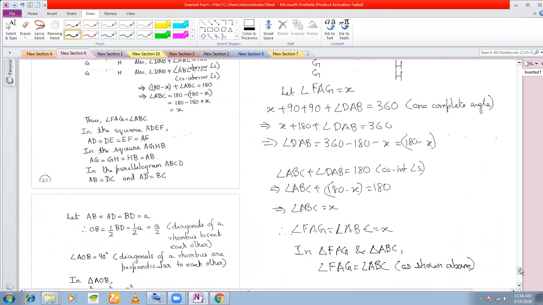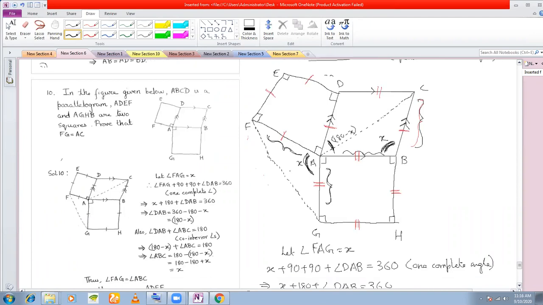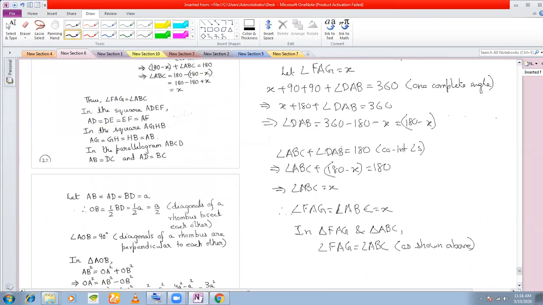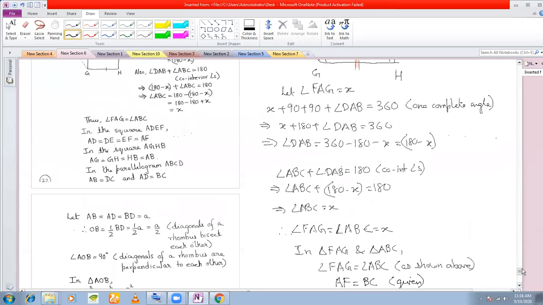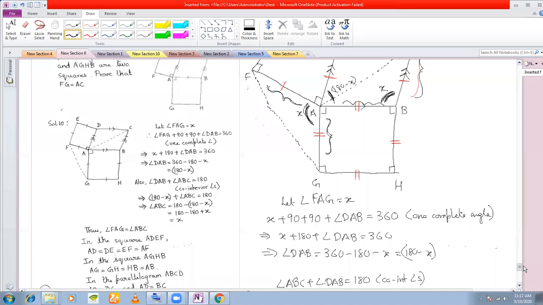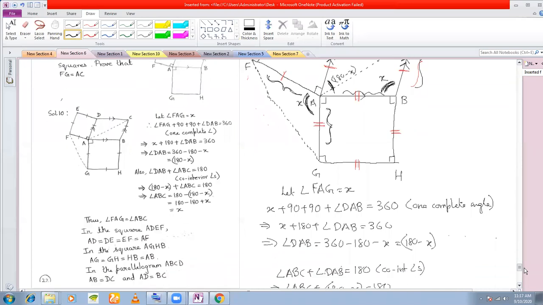Okay, next, which side? AF is equal to BC. This is given, right? And what else? AG is equal to AB.